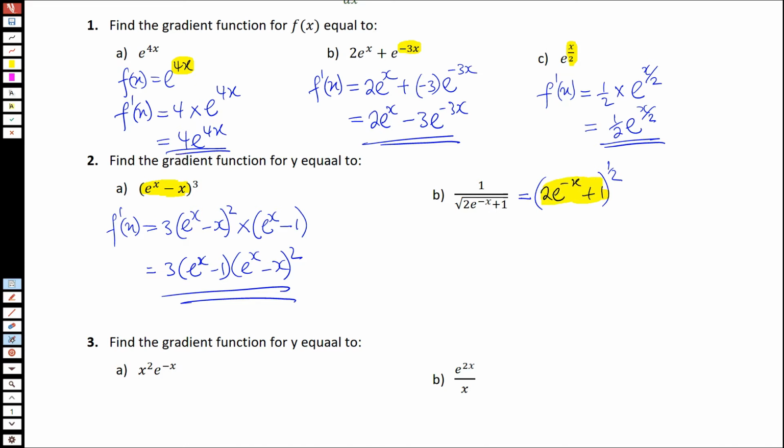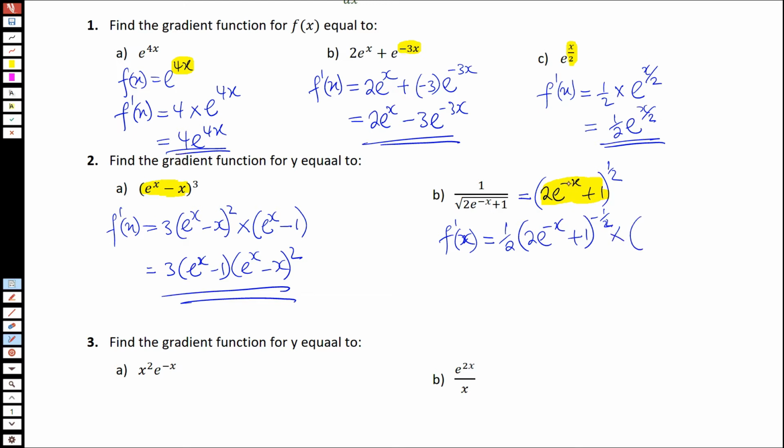So if you apply chain rule, we have f dash x will be equal to a half. We start with the outside, the inside remains the same. So to power negative a half, because if you reduce a half the power by 1, then you end up with 1 minus a half is negative a half. So multiplied by the inside.